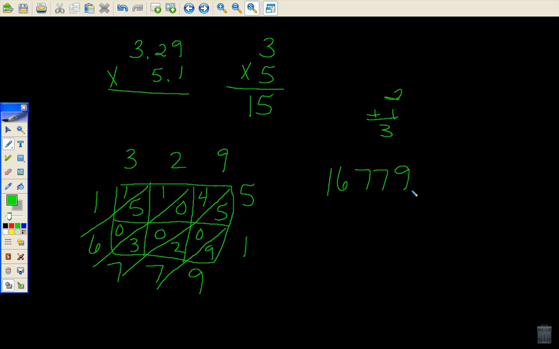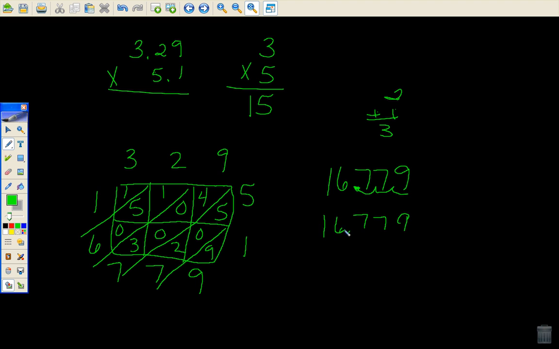So I'm going to start here and I'm going to move to the left 3 places. 1, 2, 3. I'm going to place my decimal point right here between the 6 and the 7, making 16 and 779 thousandths.